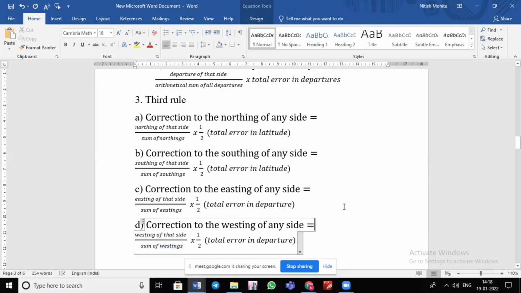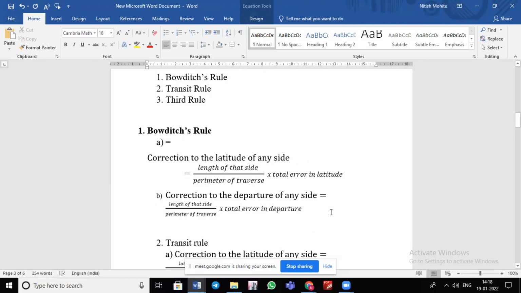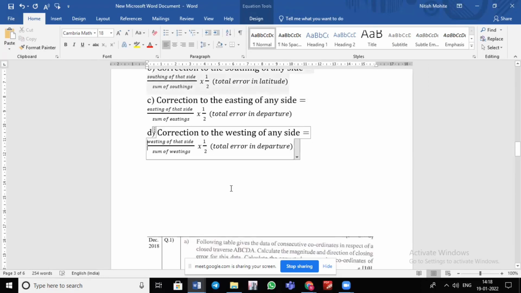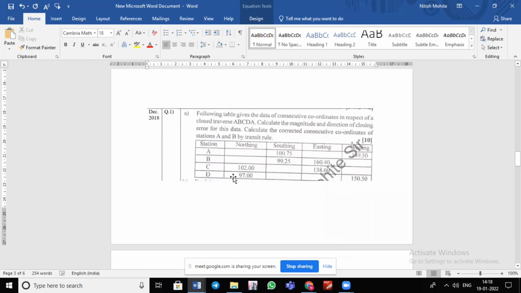So these are the three rules which we require for solving these numericals: the Bowditch rule, the transit rule, and the third rule.